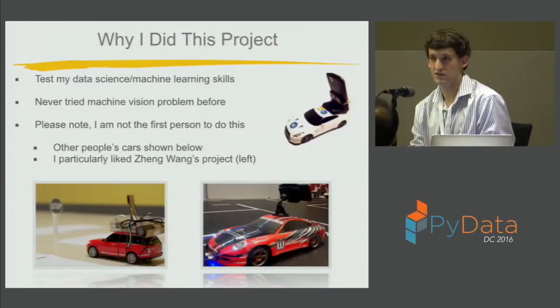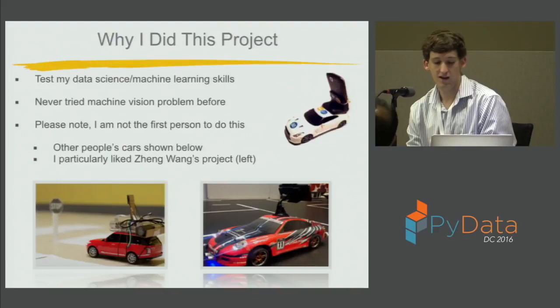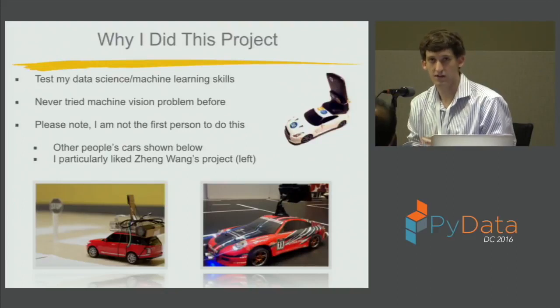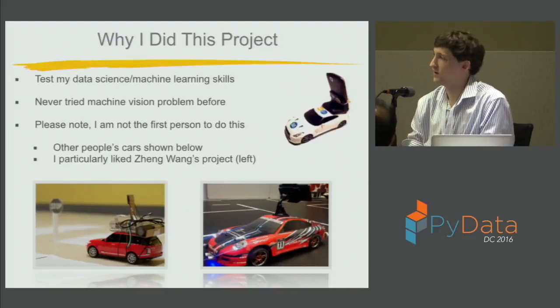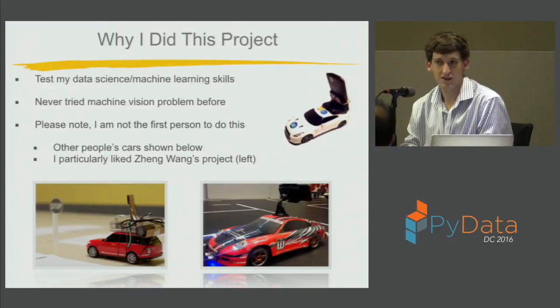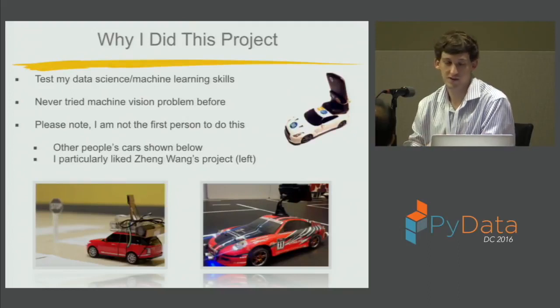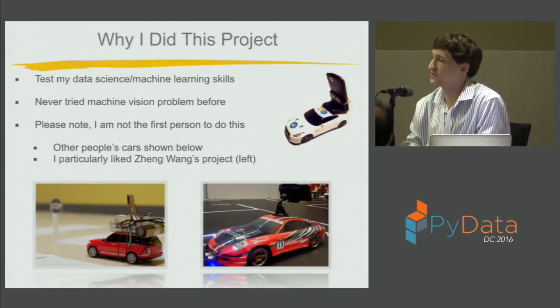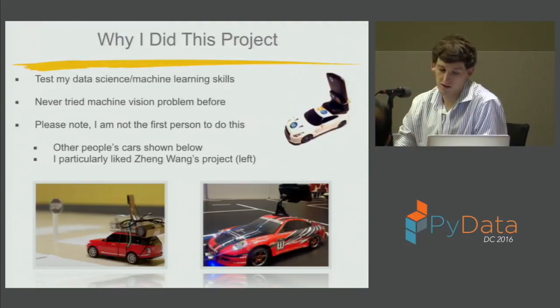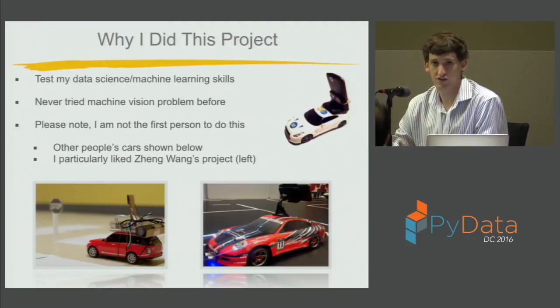So why did I do this project? I've been doing machine learning for a while now, and I don't have a lot that I can really showcase. So I wanted something really tangible, and I think the self-driving car is a great example that meets those criteria perfectly. I had never actually done any kind of machine vision projects before.